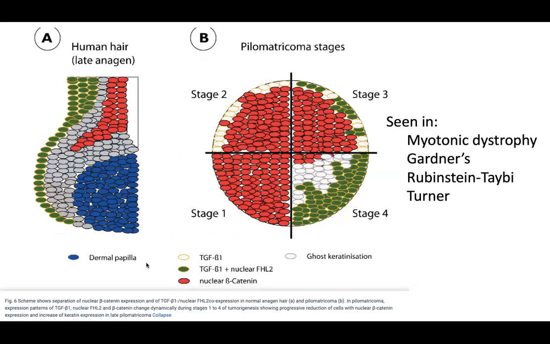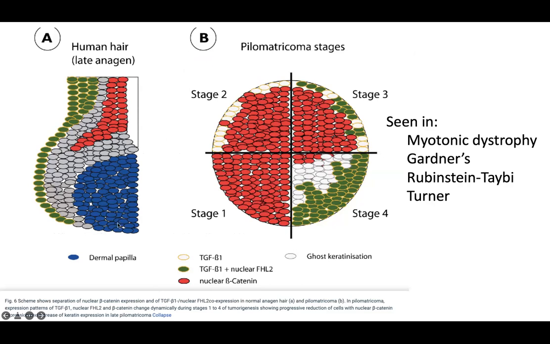So to understand this, you should understand exactly the role of beta-catenin in the development of human hair follicle morphogenesis. So this blue outlines the dermal papilla, and you can see the red is often associated with the very base of a developing hair follicle.